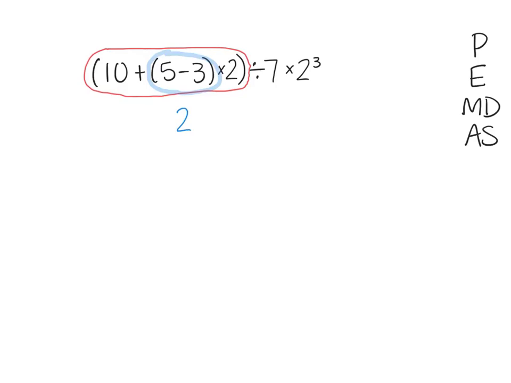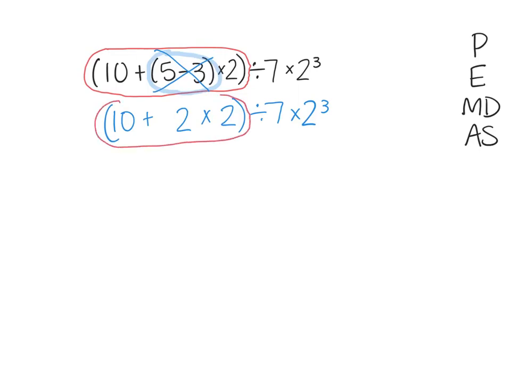Now I keep everything else the same. I change the 5 minus 3 to a 2, but I rewrite everything else, divided by 3 times 2 to the power of 3. Okay, so I still have parentheses, so I still need to work on what's inside of the parentheses. So I need to, once again, still follow the order of operations inside these parentheses.